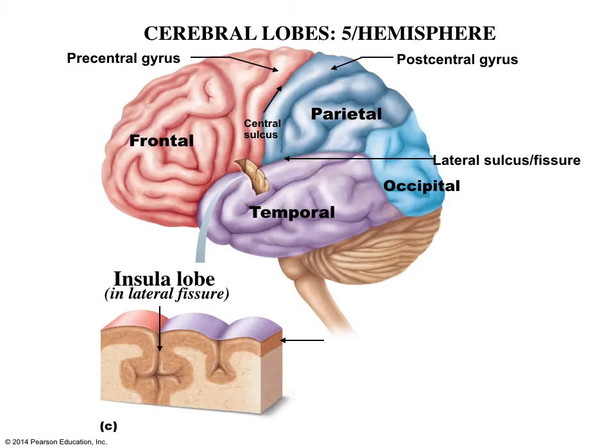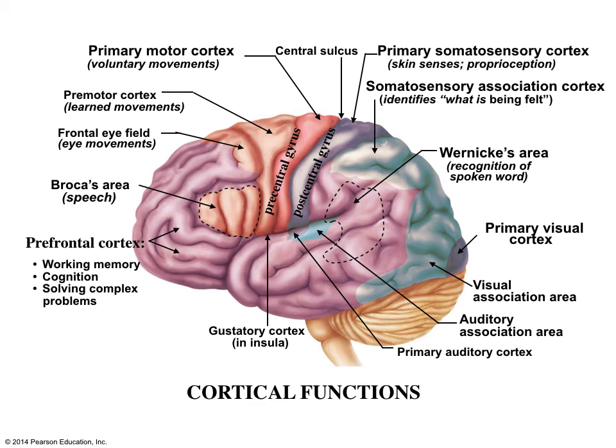Each hemisphere has 5 lobes, frontal and parietal separated from each other by a central sulcus, temporal lobe located inferior to the lateral sulcus. Insula lobe lies deep within that lateral sulcus or fissure. Occipital lobe is located posteriorly.